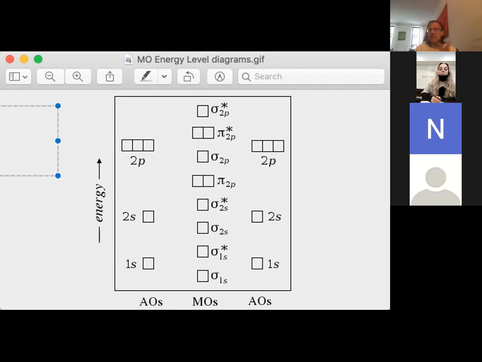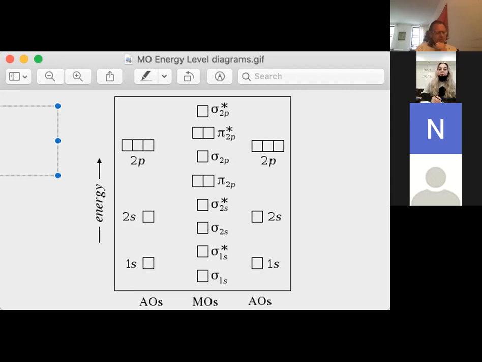Then in the second row of elements, there's also 2s, 2p something, right? So you've also got the mixing of the 2s orbitals. So you get sigma 2s, right? The 2s refers to the orbitals it comes from, and then sigma star 2s. So that's the antibonding orbital, just like we've talked about.